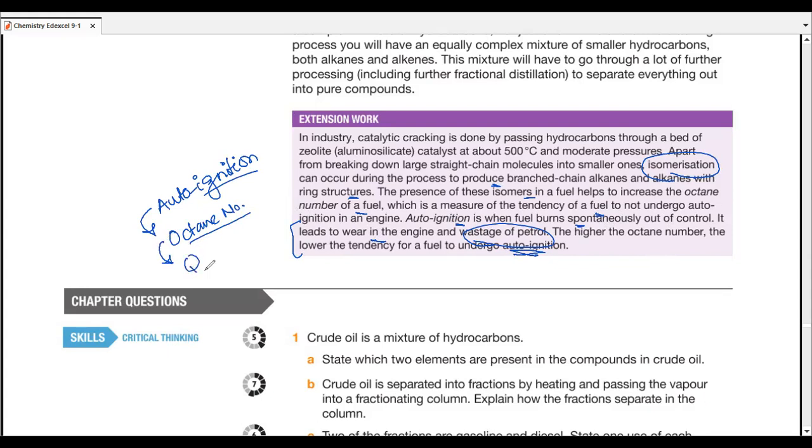The higher the octane number, the less auto ignition, and the higher the quality of fuel, right? So we try to keep the octane number as high as possible, and that ensures a good quality fuel, least auto ignition, and maximum engine life.